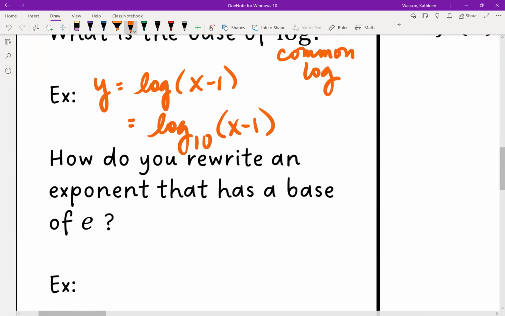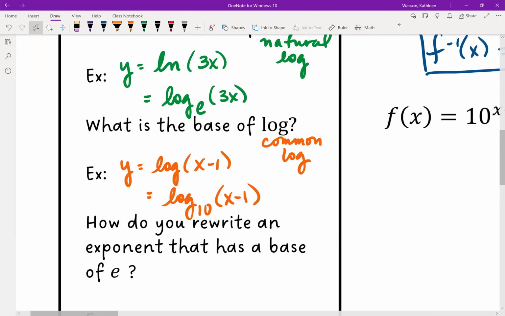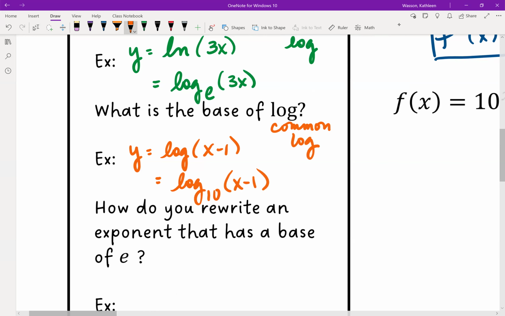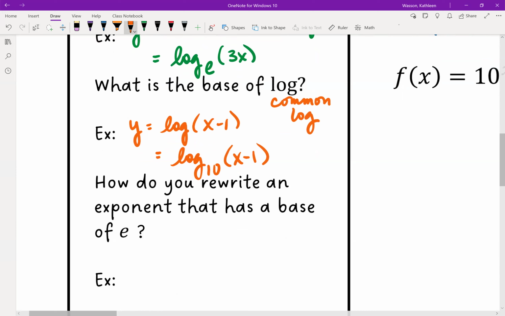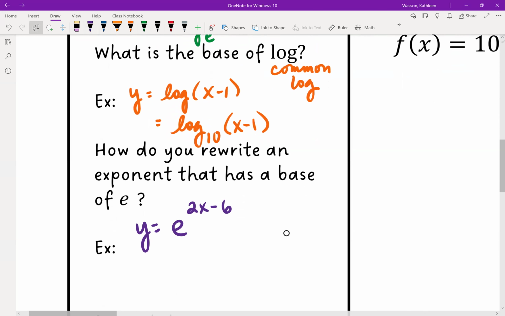All right. Also, to rewrite an exponent that has a base of e, we'll write it like this with the ln whatever when we rearrange. So whenever I have y equals, for example, e to the 2x minus 6, then we will rearrange this and write it as a log problem.